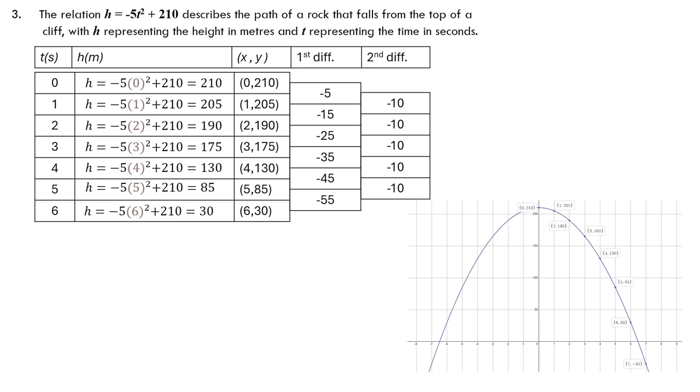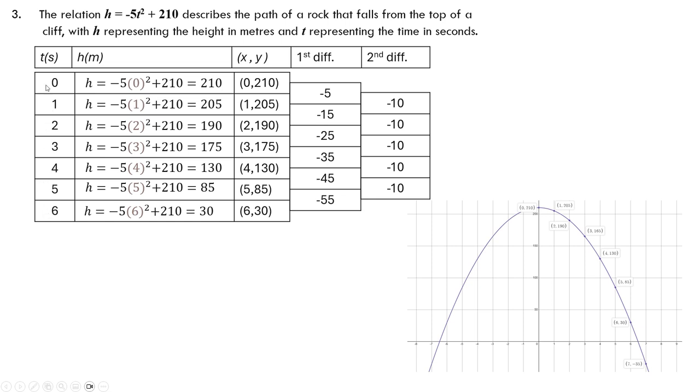And every second that passes, the rock is going to fall a certain distance. So we're going to keep track of what the height of the rock is over a period of time. Here, in this column, we have t in seconds, and t is going to have consecutive numbers like this.